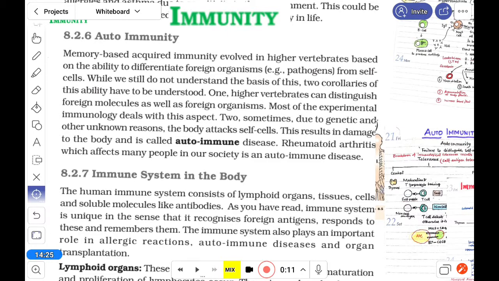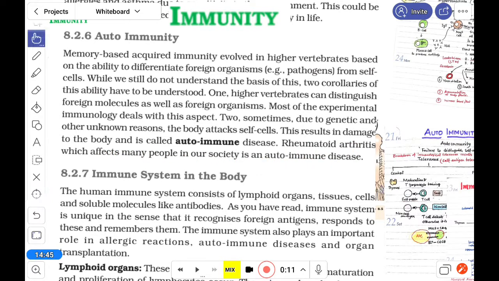So just imagine our own soldier is killing our own people instead of killing the foreign. So this system is quite dangerous, and different kinds of disease are there.